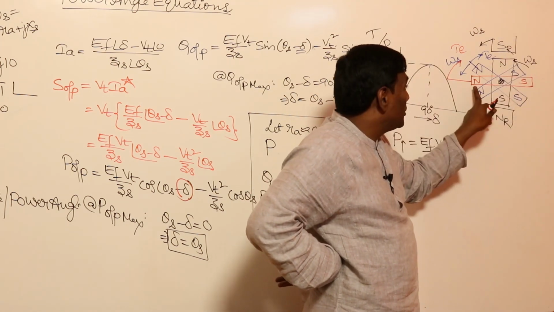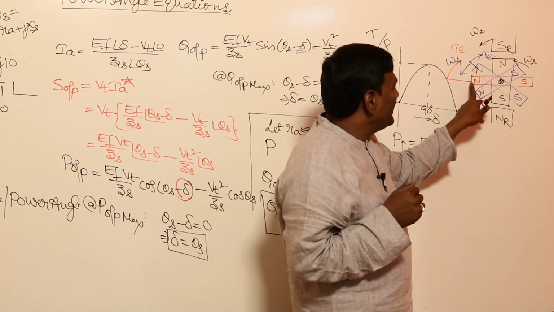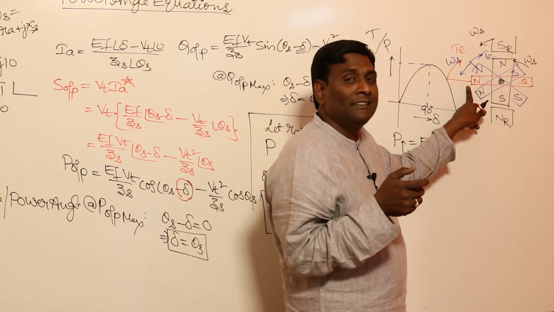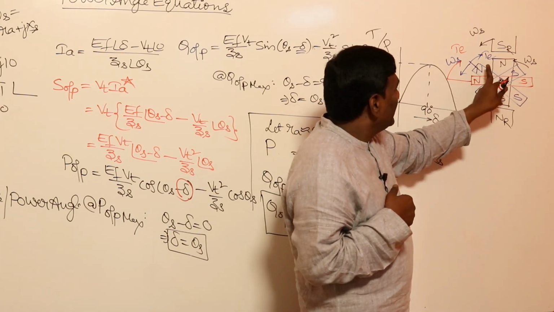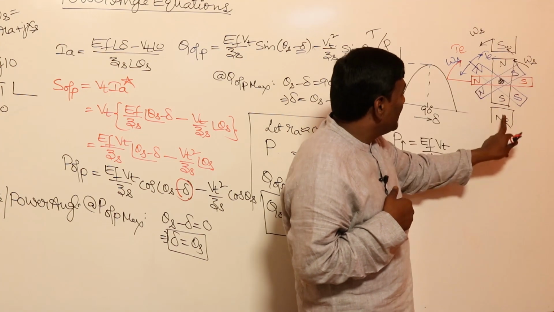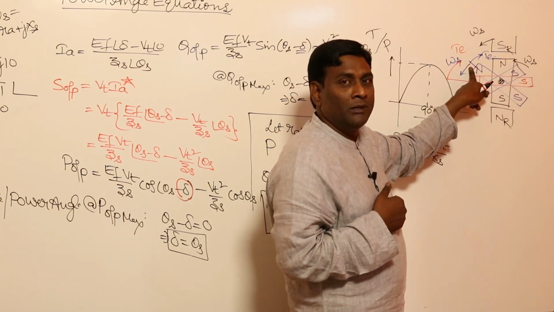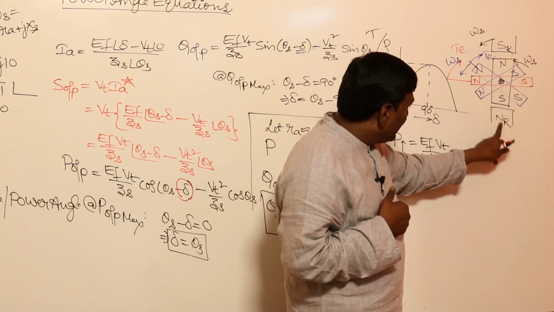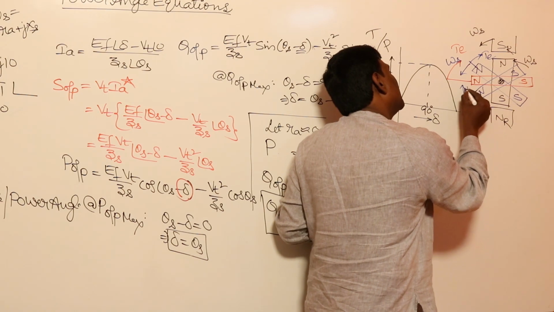From a theoretical, analysis point of view, forget about equations. When delta is 90 degrees, you are going to get maximum torque. For example, if it is here, N-S attraction will be strong, but N-N repulsion will be weak. That's why the back torque will be less. If I keep it here, N-N repulsion is in the backward direction, and in this case also torque will be in this direction only.